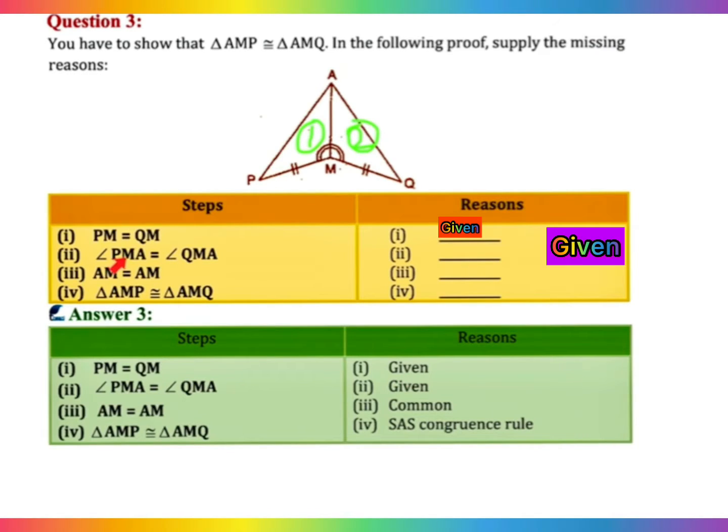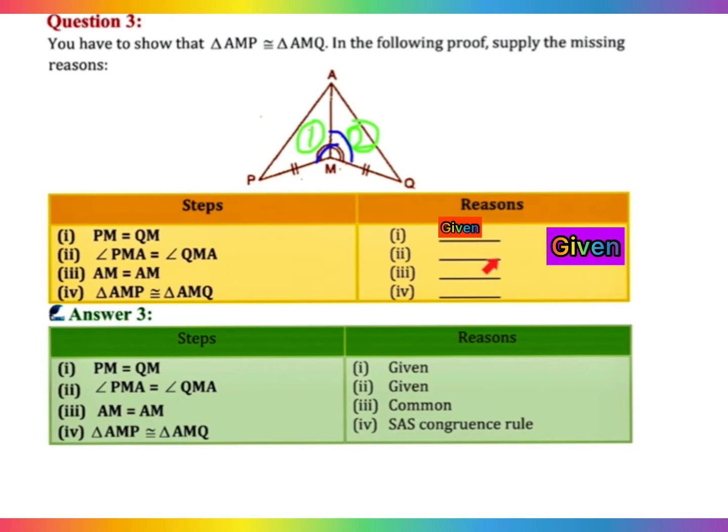After that, angle PMA, this is the symbol. It is given that this angle is equal to this angle. You can observe that very carefully. This is also given in the diagram, so you will write only given in this reason.